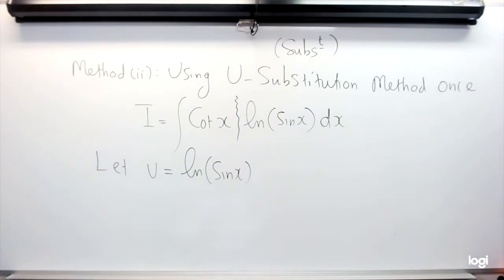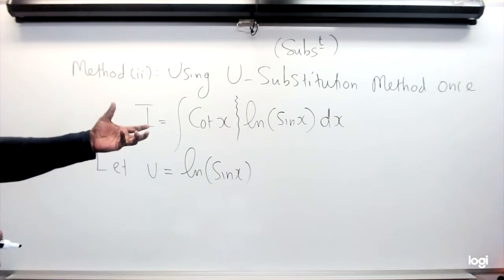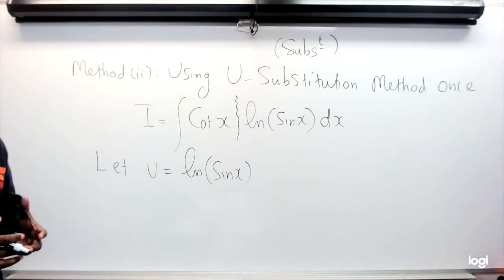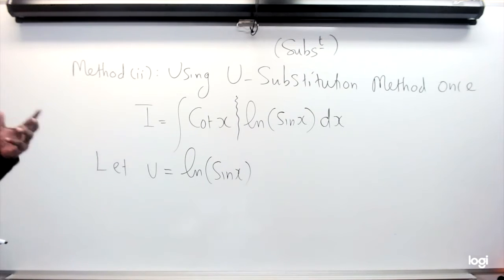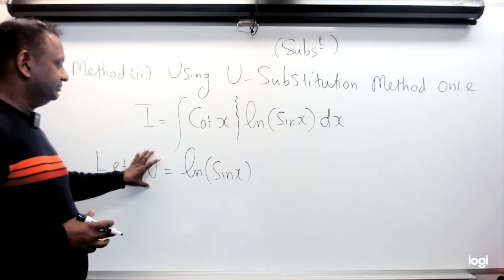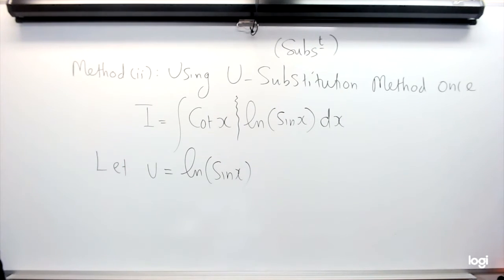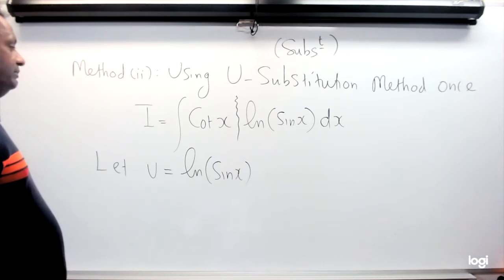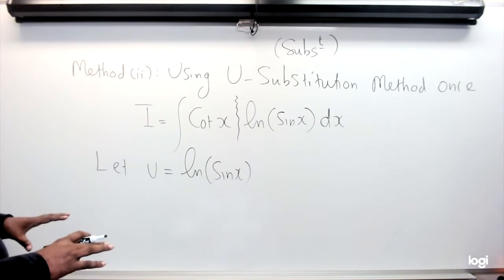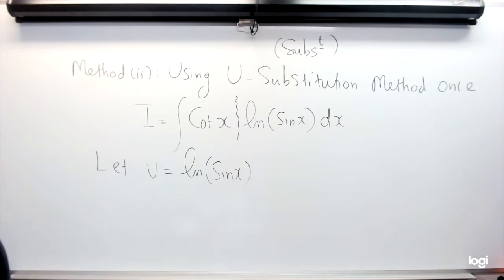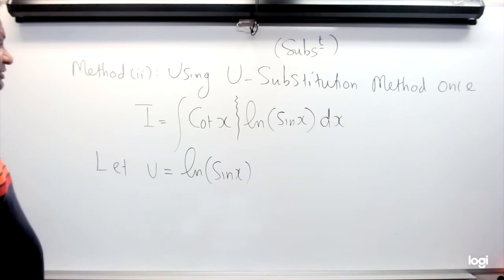In that u substitution, what are you going to do? Instead of working with x, you are planning to work with u. If that's the case, you have to change not only x terms, everything in x has to be replaced with u, especially the operator.